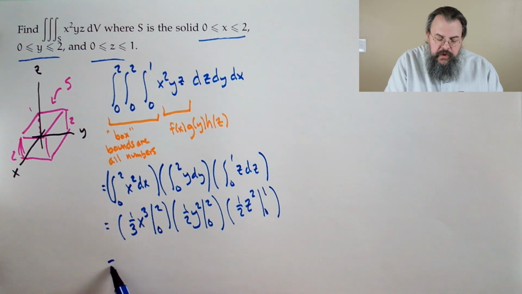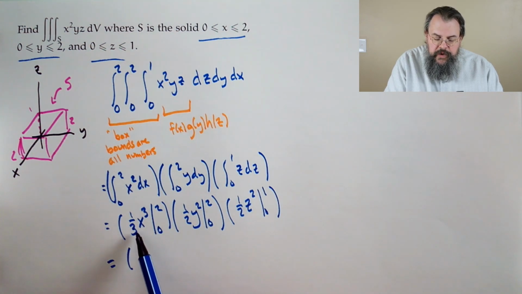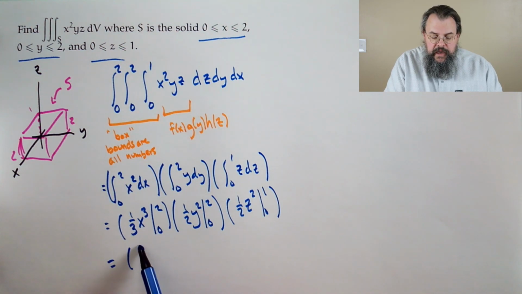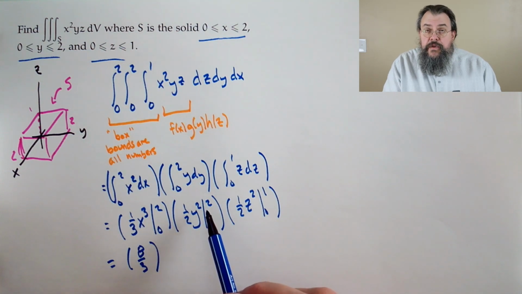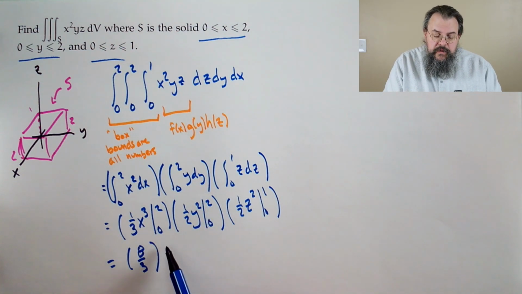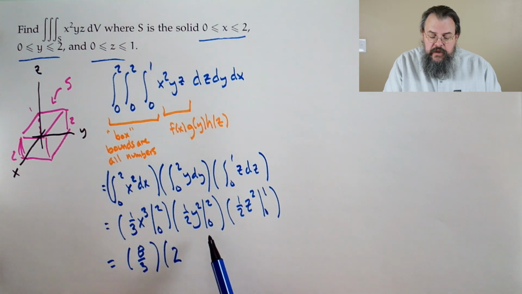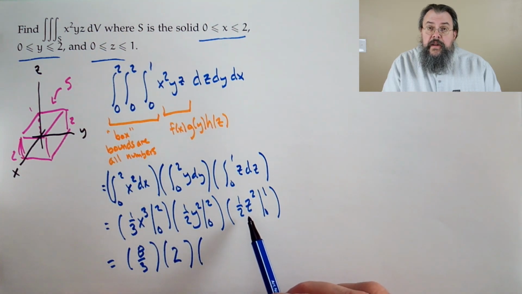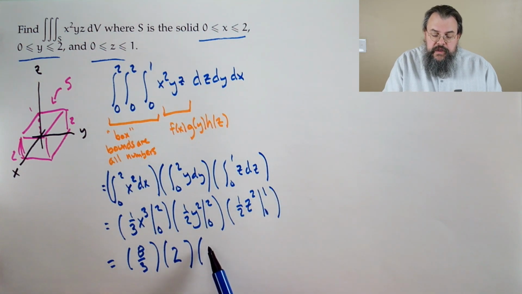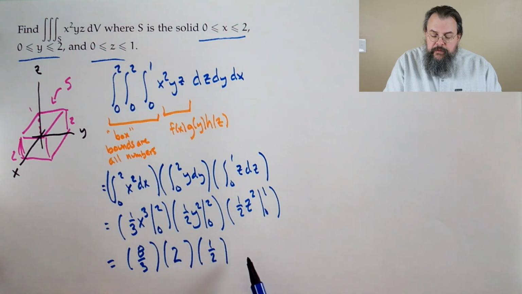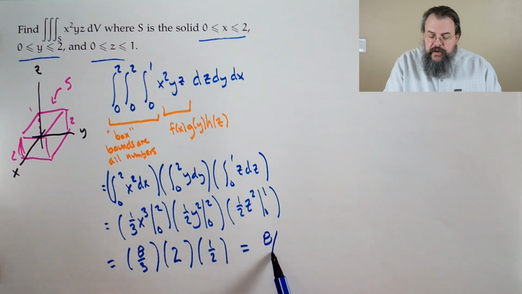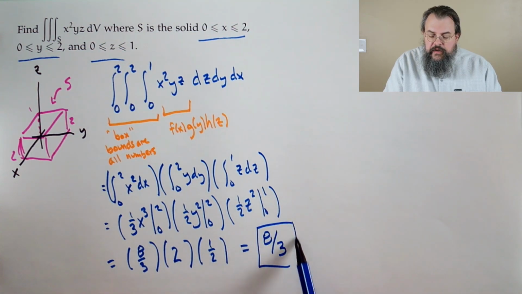Which is 1/3 times 2 cubed, which is 8/3, then subtract 0. 1/2 times 2 squared is 1/2 times 4, which is 2, then we subtract 0. Then we get 1/2 times 1 squared, which is 1/2, subtract 0. You can see the 2 and 1/2 cancel, so we end up with the final answer of 8/3.